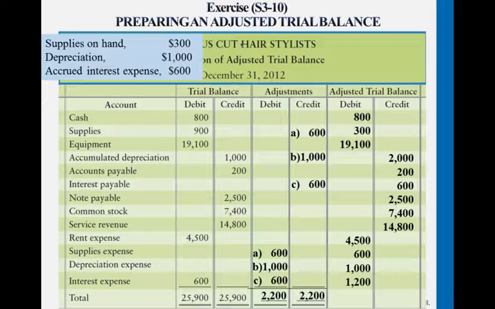Make sure you go back to review adjusted trial balance. And from this to income statement to the statements, just go back to chapter 1 again. Look at what are the accounts that falls into financial statements. So it's exactly the same process. Income statement first, retained earnings, and then balance sheet. Okay, from adjusted trial balance here.